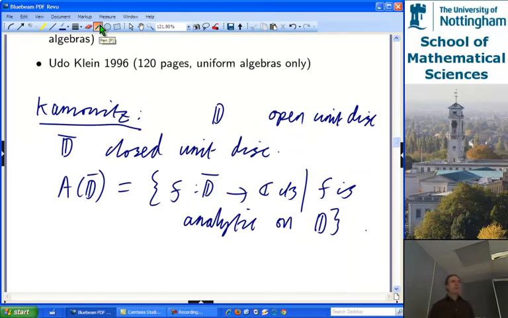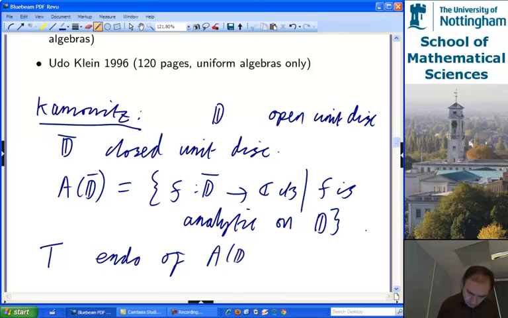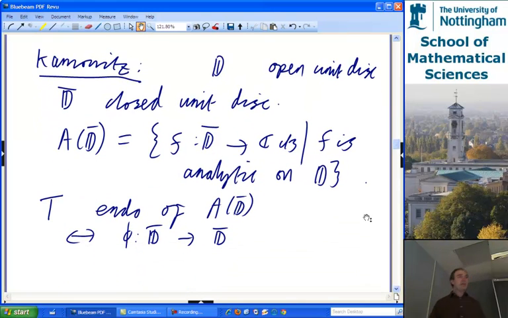And, well, endomorphisms of the disk algebra are pretty easy. You've got this self-map, and you want to know which self-maps give you an endomorphism. So T, an endomorphism of A(D), corresponds to the self-map from the character space, which is, of course, still the closed disk. So this is a uniform algebra, and that's the character space. That's the associated self-map.